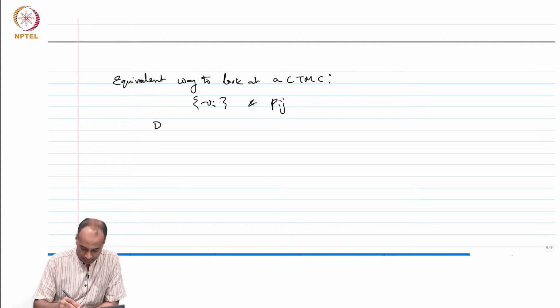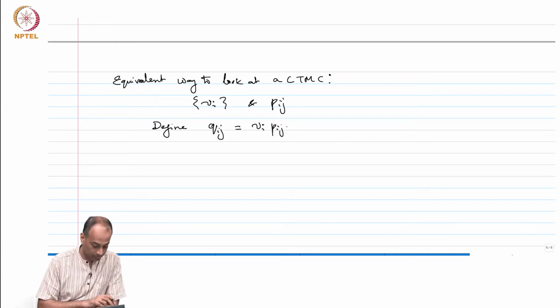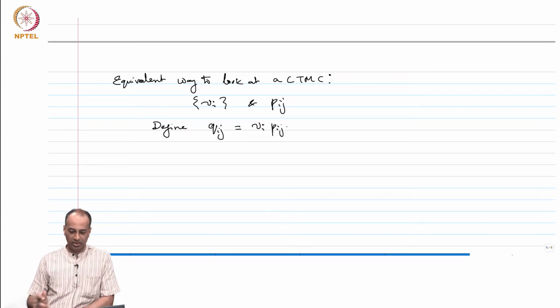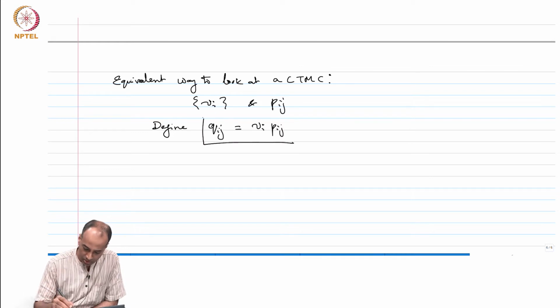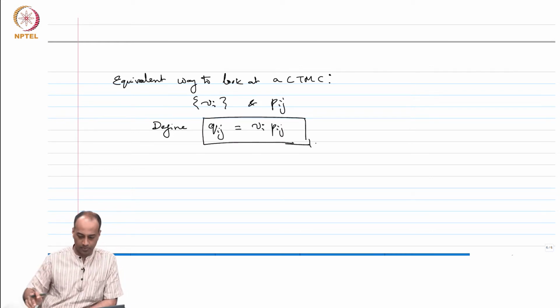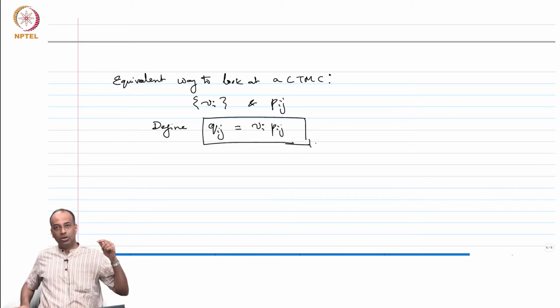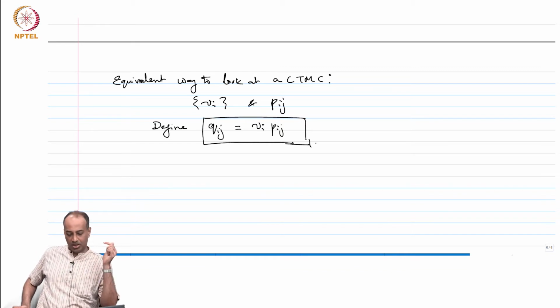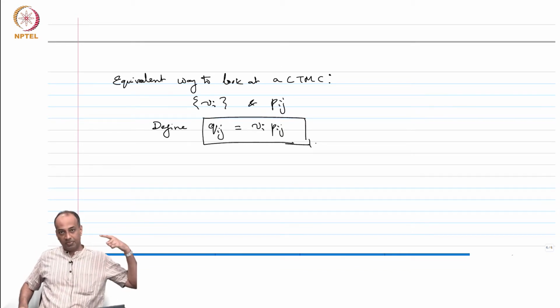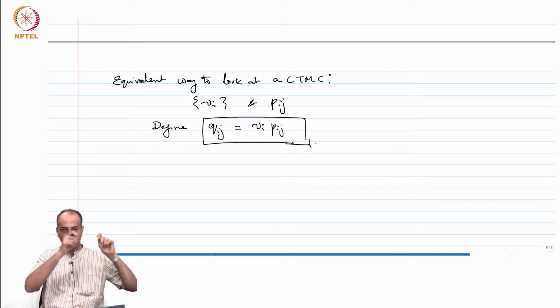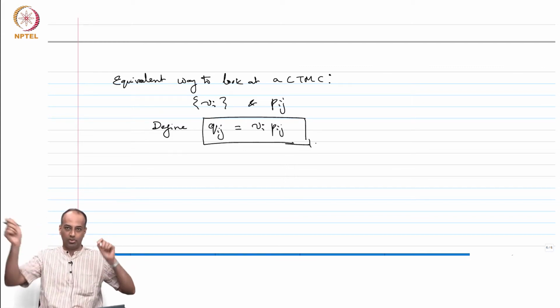Now, you define Qij equal to nu i Pij. I am just defining something. Qij is equal to nu i times Pij. Now, what does this Qij represent? You can view this CTMC as spending an exponential amount of time with rate nu i in each state and then going to some state j with probability Pij.